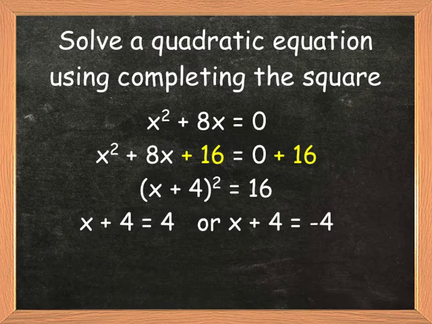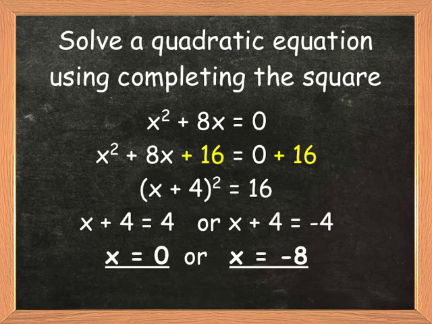So I'm going to write that as two separate equations. And I'm going to solve for x, and I'll get two solutions. So this is one of those parabolas which will cross the x-axis at two different values. This one was easier because notice the form that was given. The structure of the equation was x squared plus some number times x equals 0.